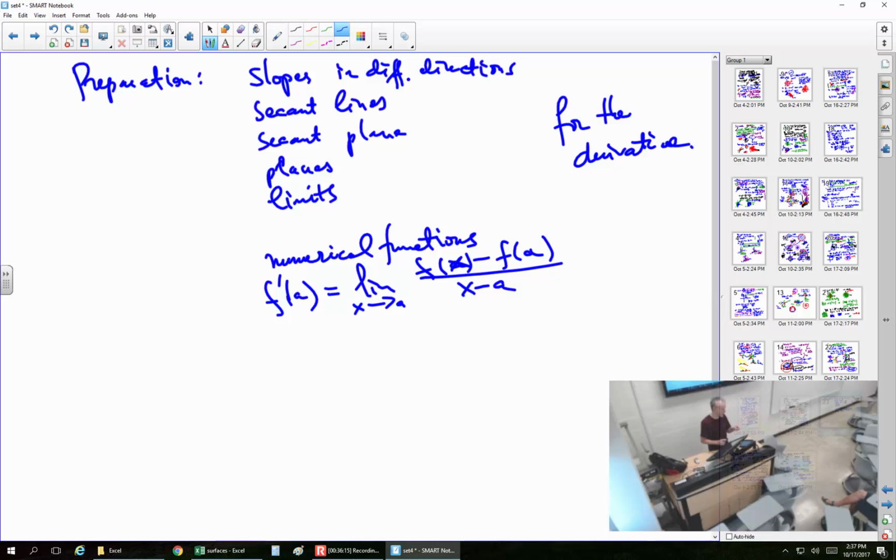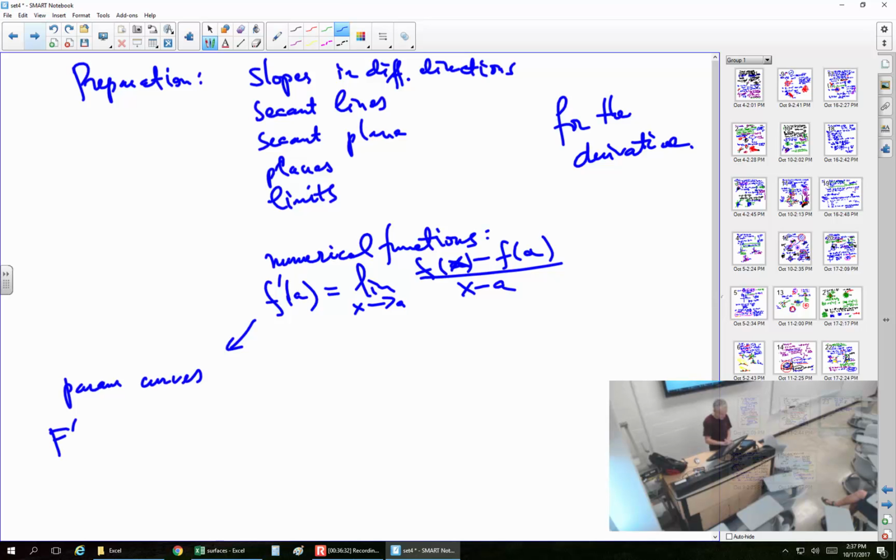So we will stick to the definition for some time, definition of the derivative at one point at a time. Okay, so that's the definition from calculus 1, the meaning of the derivative of a numerical function. Now I'm moving on to parametric curves.